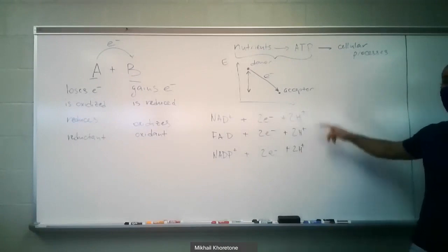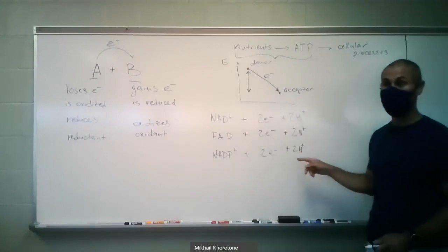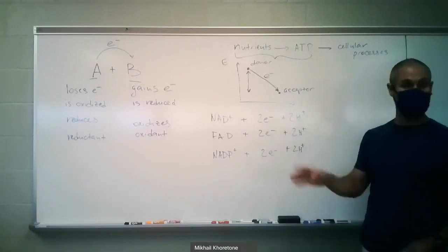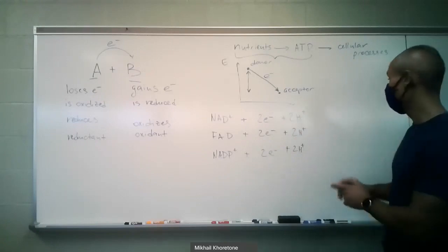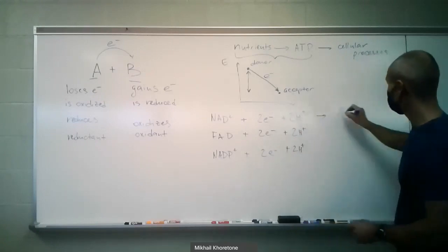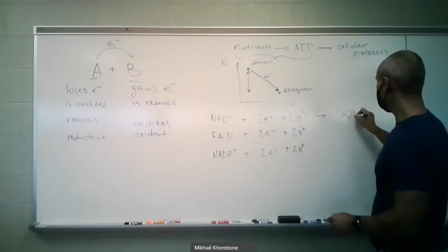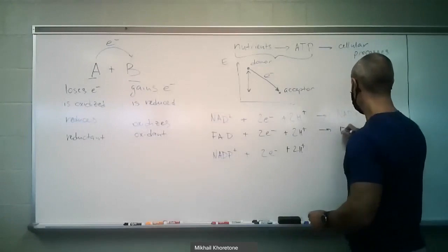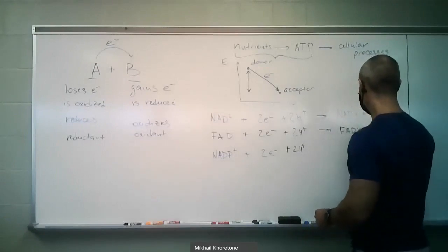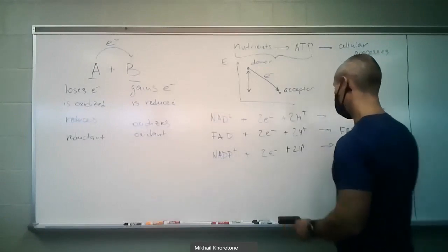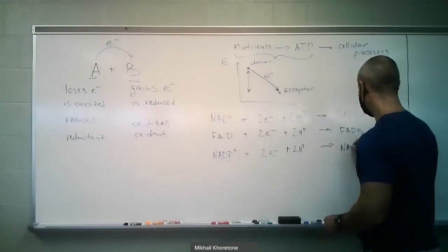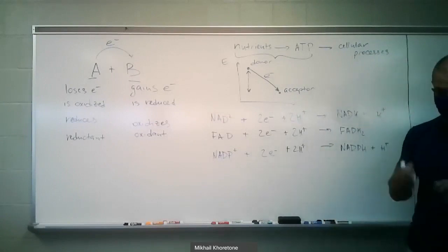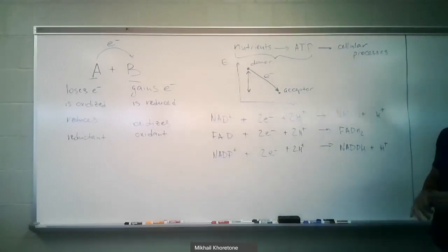This is where this wrong perception of biologists is coming from. It's not a transfer. Hydrogens are just for the balance, okay? Does that make sense? And what you end up with is NADH and balancing one, FADH2, and so before we move any further, I want to make a quick note here.